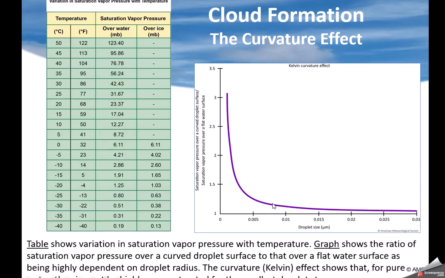And here's a graph showing how much saturation you would need for a given droplet size. Once it starts getting a little bit of size to it, then it goes back down to 100% relative humidity. But for these very, very tiny droplets, you need a heck of a lot of relative humidity, literally 300%, like it says here.